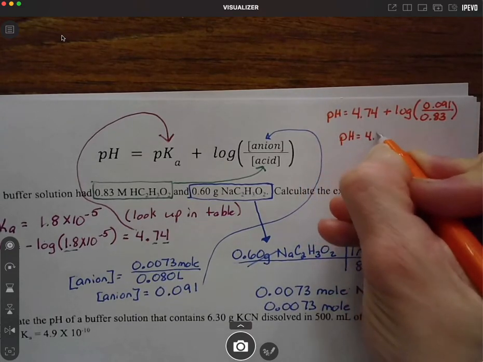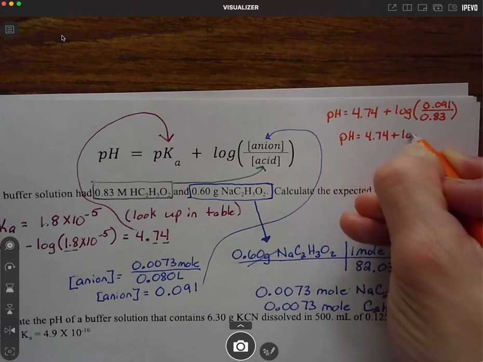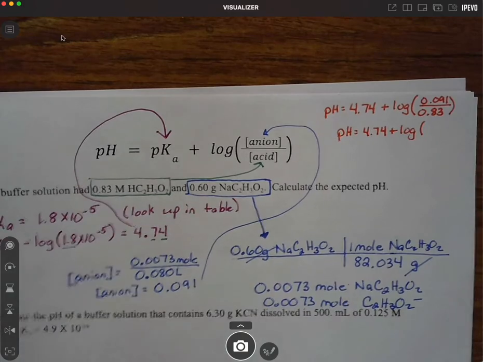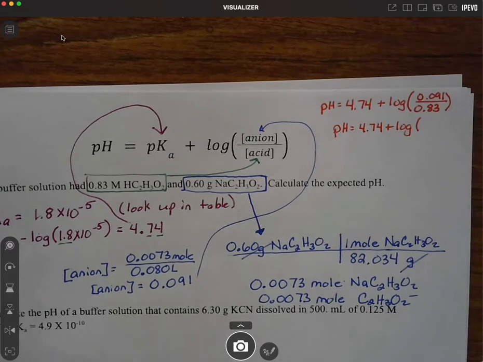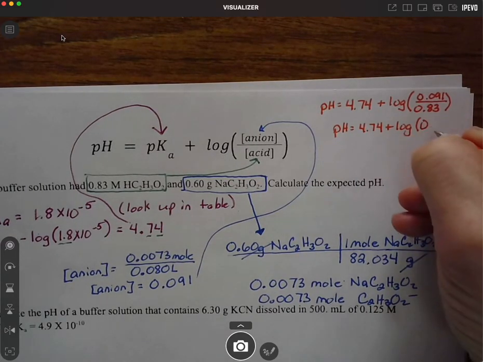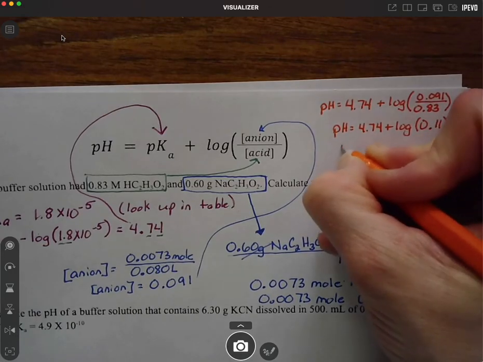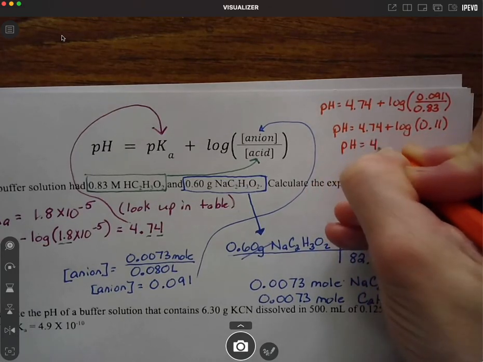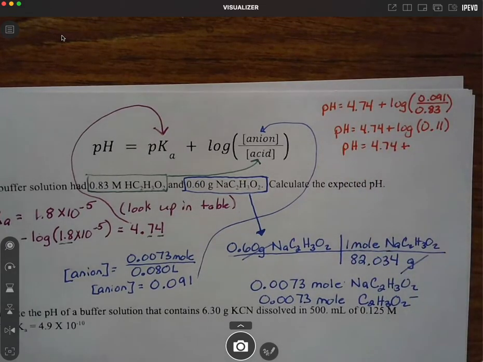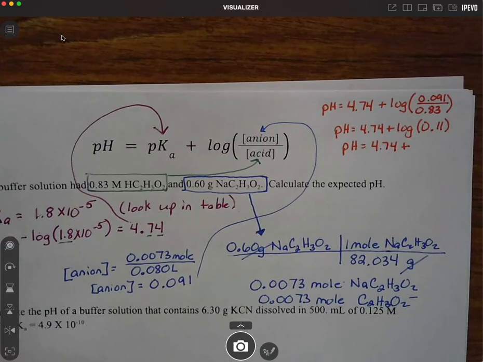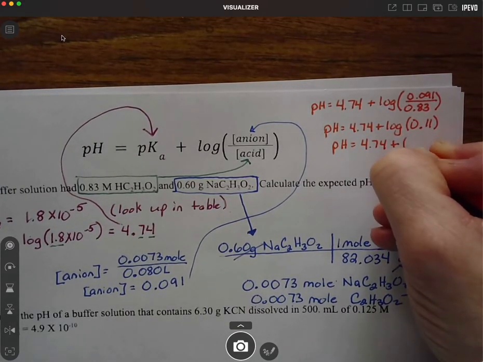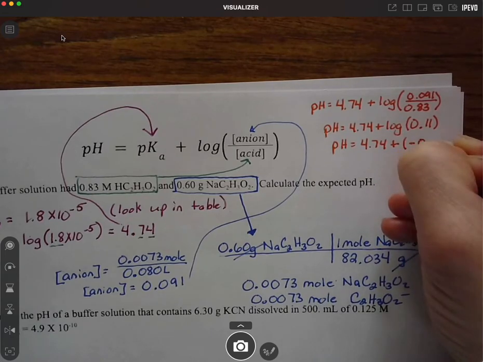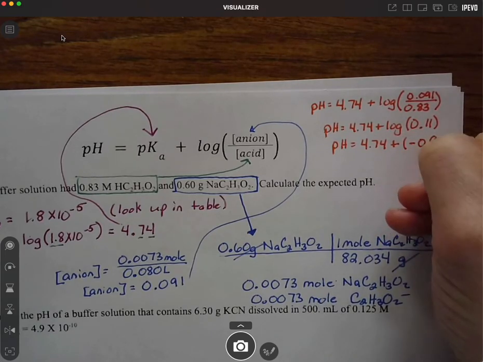pH is 4.74 plus the logarithm 0.091 divided by 0.83, the log of 0.11. The log of 0.11 is a negative 0.96.